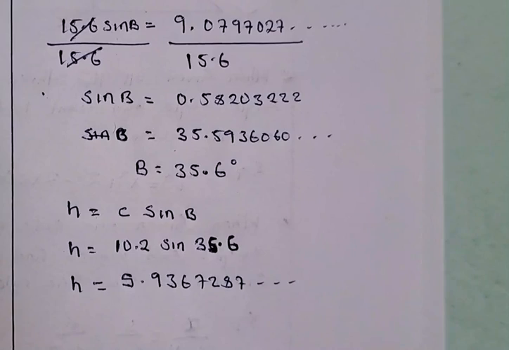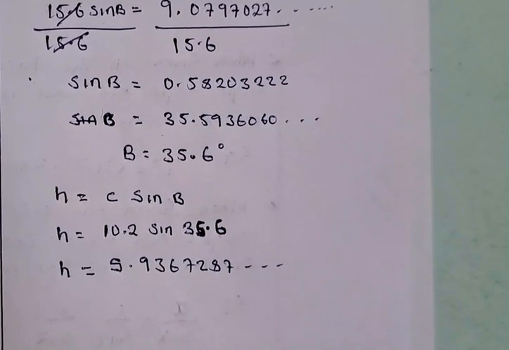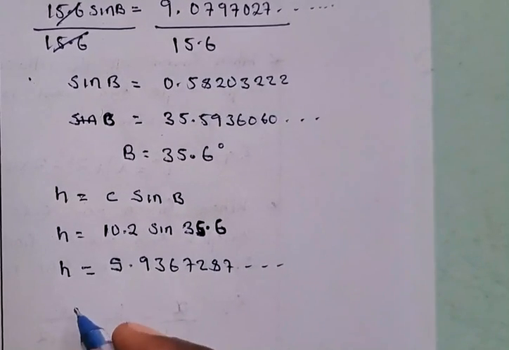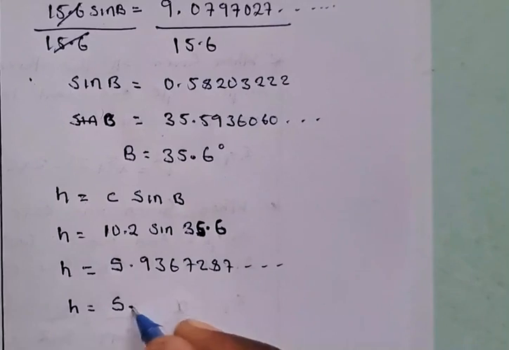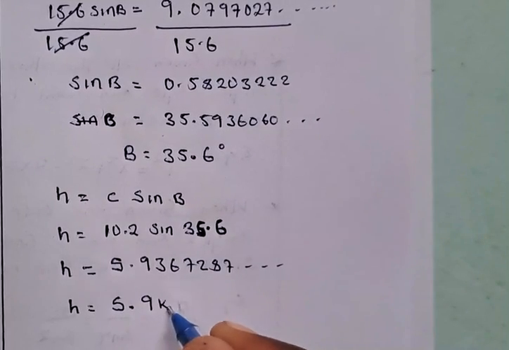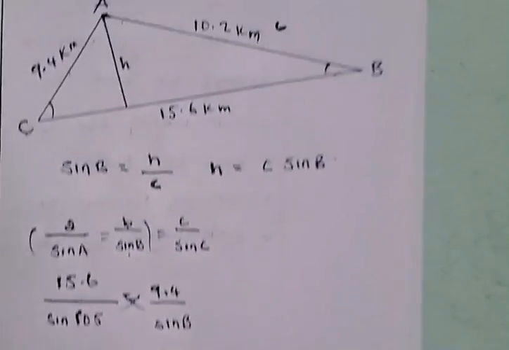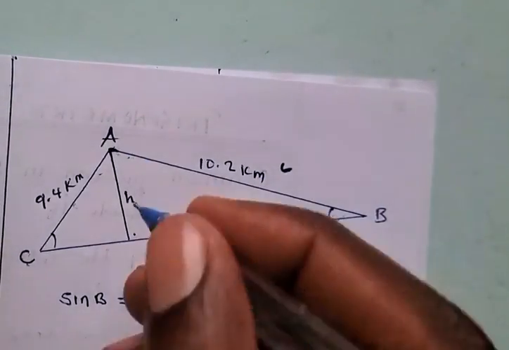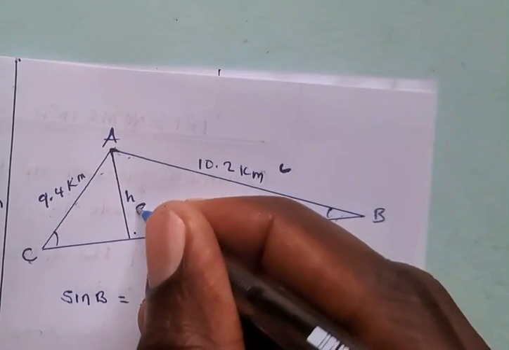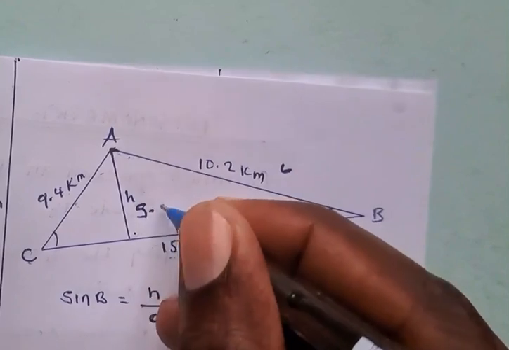So since everything is rounded off to one decimal place, we can round this off to one decimal place. So the shortest distance is going to be 5.9 kilometers. So that is the distance from here up to there, which is 5.9 kilometers.